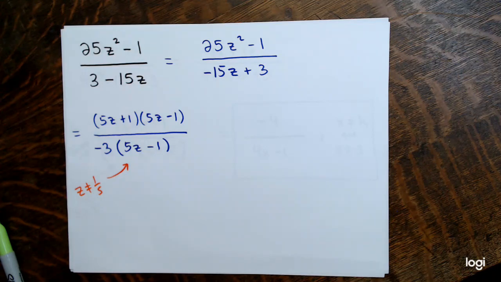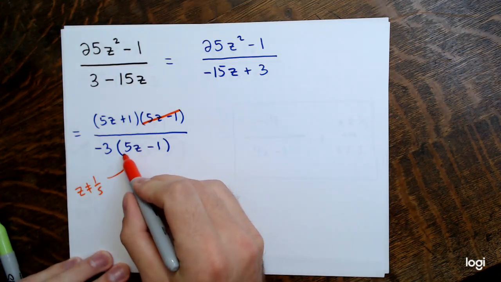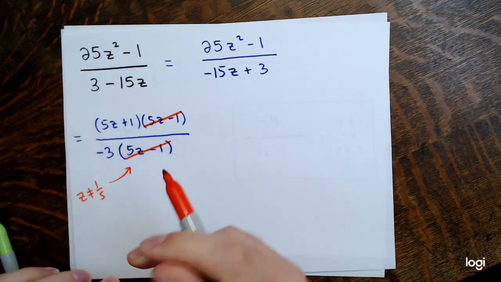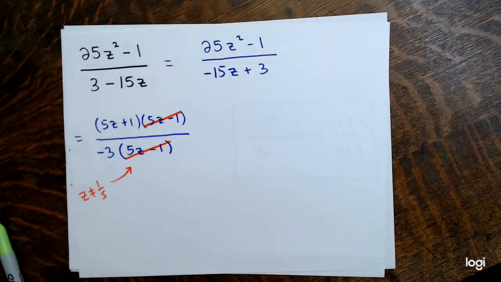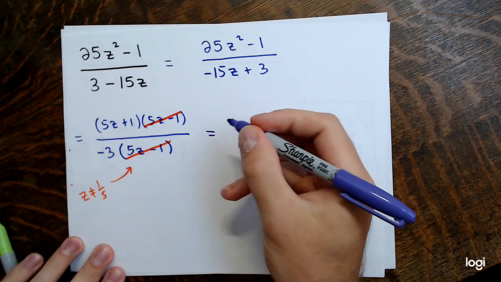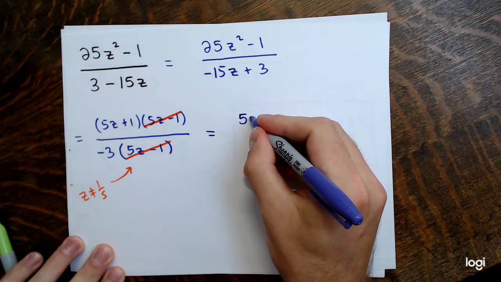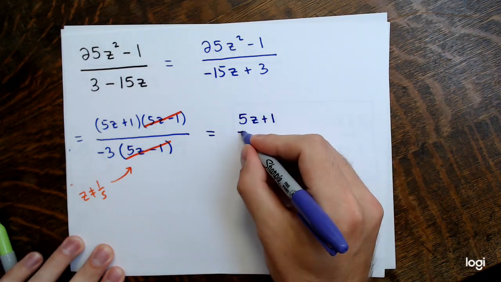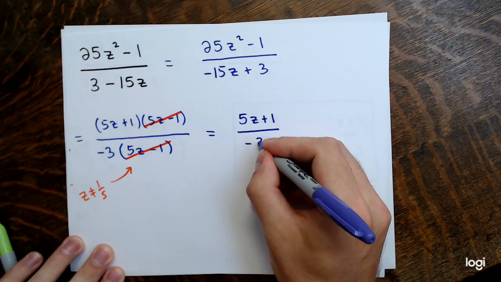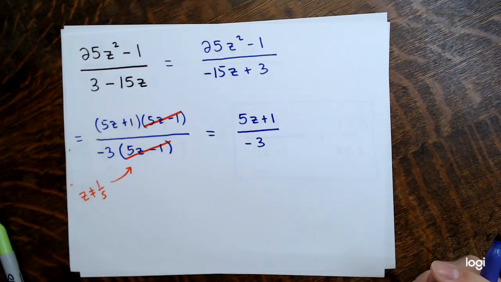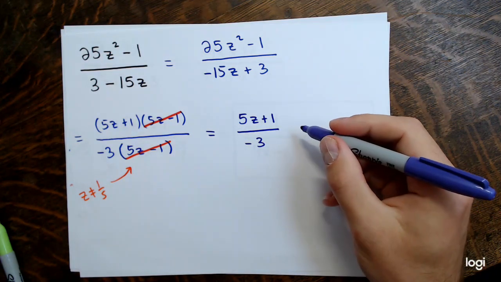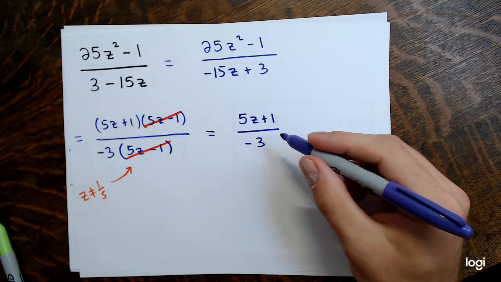We can continue. And we can cancel. The 5z minus 1 is a common factor in both the numerator and denominator. And then I'm done. This is equal to 5z plus 1 in the numerator divided by negative 3 in the denominator. Again, as long as z is not 1/5.